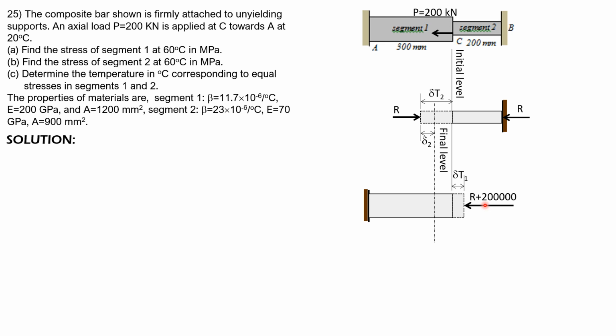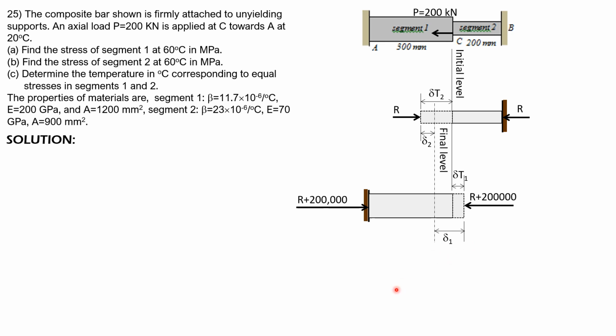So this is R, then we consider this. If R is to the left, then this is 200 kilonewtons, so the reaction here to the right should be R plus 200,000 newtons. So this is in compression, and this total distance here is deformation due to compressive stress in segment 1.